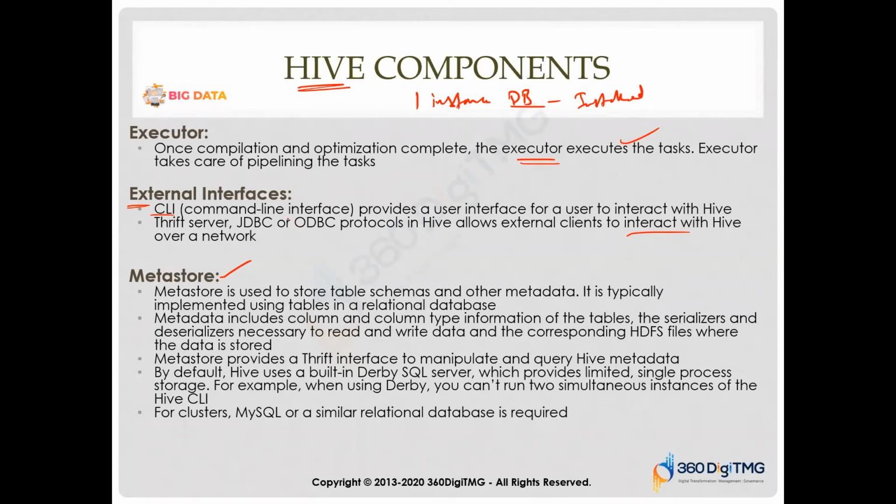We have to use a multiple instance, production database like MySQL or Oracle, or SQL Server, right? All these are production based databases which allow you to have multiple instances. Single instance DB basically means when you launch Hive in one session, you will not be able to launch Hive in any other session. Nobody on the server will be able to do it because it's a single instance DB, right? For practice purposes we can use it, and it is called the Derby SQL Server.